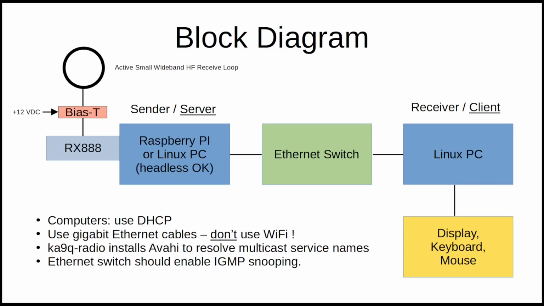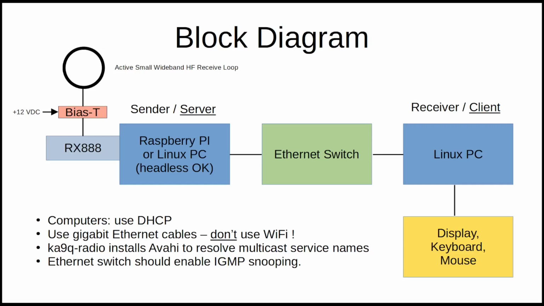This is a block diagram. On the left, you can see a small wideband HF receive loop antenna powered by a bias T, and that's connected to an RX888 receiver. That receiver is plugged into the USB port on a Raspberry Pi or Linux PC, which can be headless. In this demonstration, it is a headless computer, meaning it doesn't have a keyboard, mouse, or a monitor.